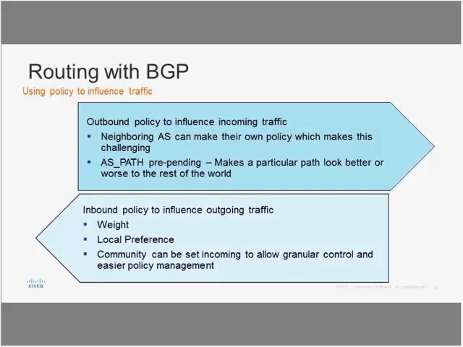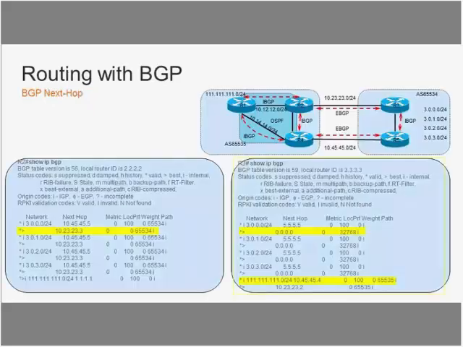Which you really cannot do so easily with IGPs, okay? With outbound policies, you can use AS path. You can use different other attributes that are supported to influence the incoming traffic, okay?